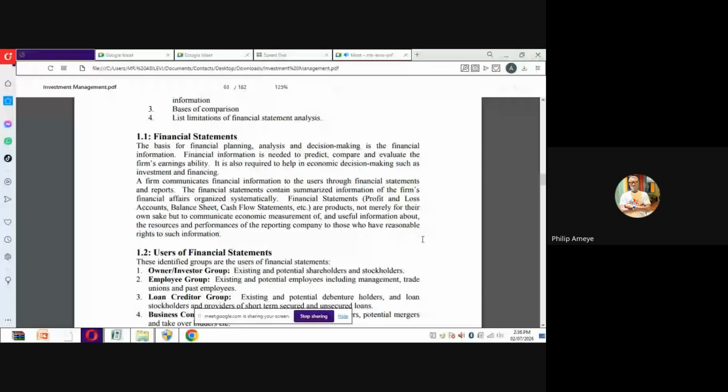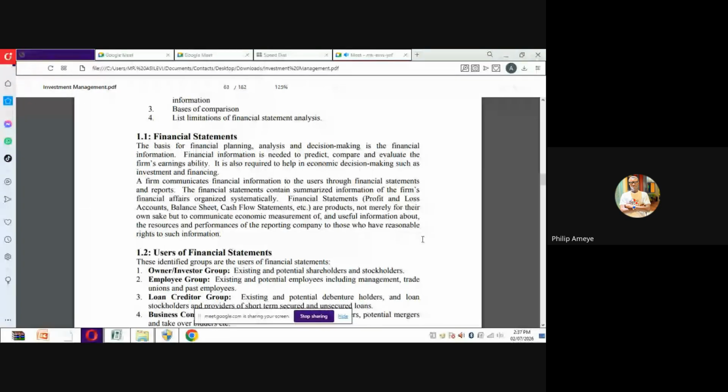It is also required to help in economic decision making, such as investment and financing. A firm communicates financial information to the users through financial statements and reports. The financial statements contain summarized information of the firm's financial affairs organized systematically.